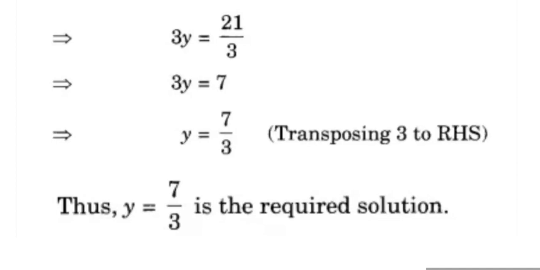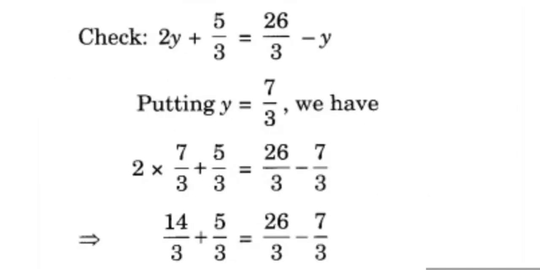Okay. Now let's see the check. Here, on the left hand side, in place of y we will write 7 upon 3. And same on the right hand side, in place of y we will write 7 upon 3. So 2 into 7 upon 3 plus 5 upon 3 is equal to 26 upon 3 minus 7 upon 3.